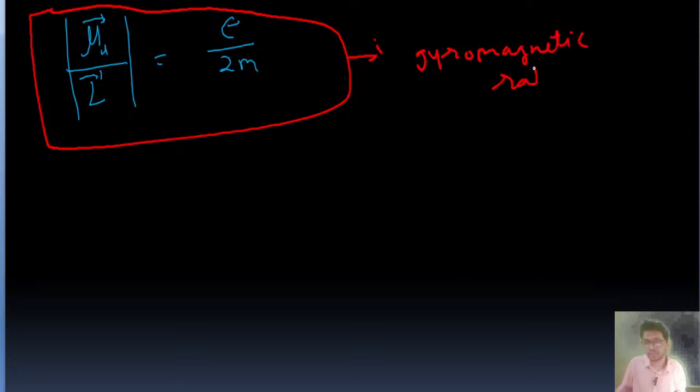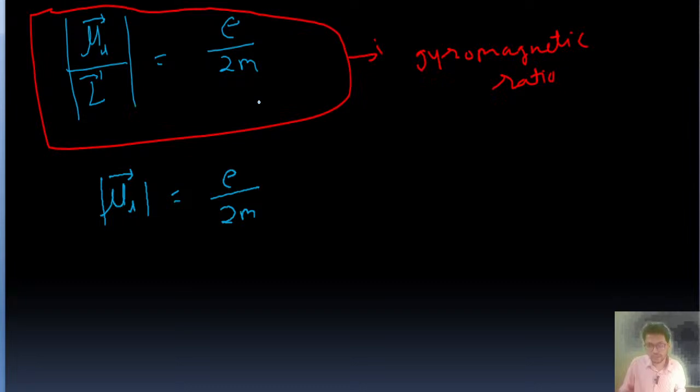So from here we can write the mod of mu L is going to be e upon 2m into the mod of L.